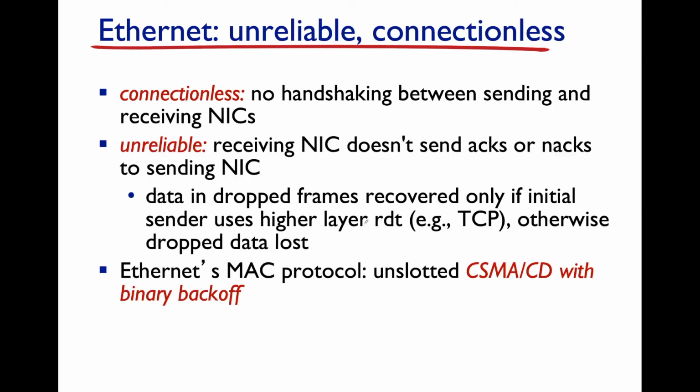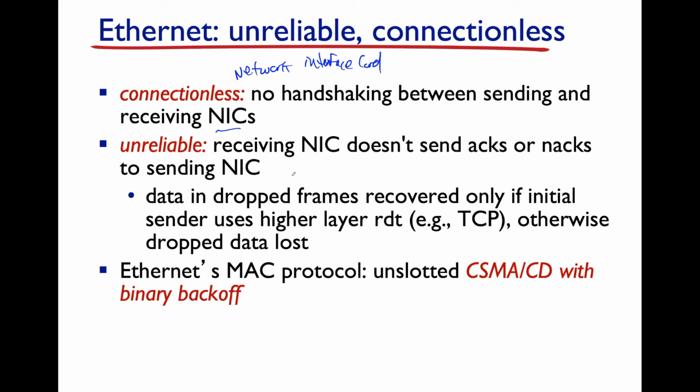And so this is our Ethernet frame, and Ethernet is connectionless. There's no handshaking between the sending and receiving network interface card. So NIC stands for network interface card. So there's no establishment of connections. It's unreliable.